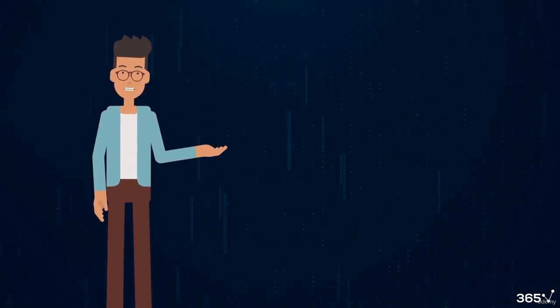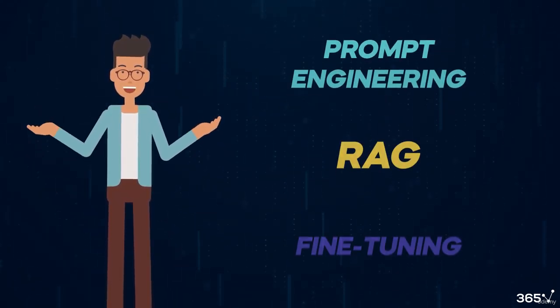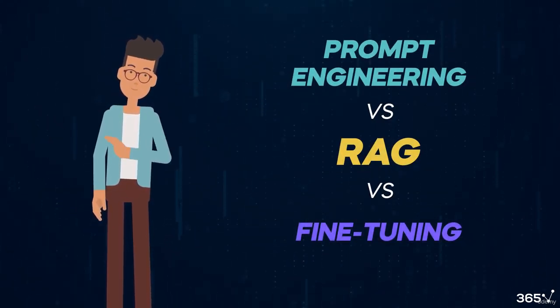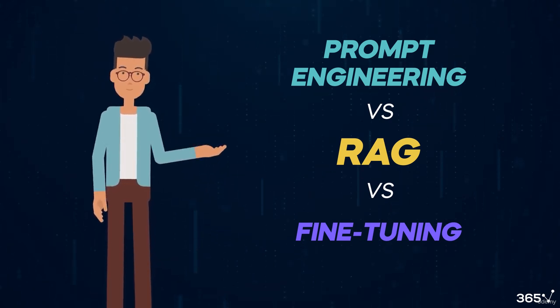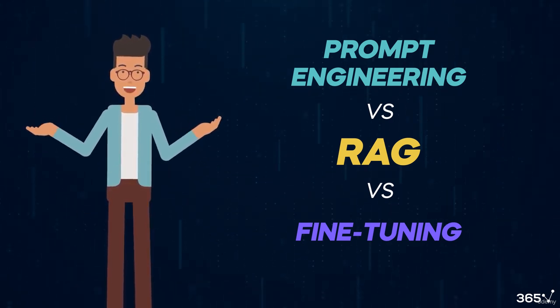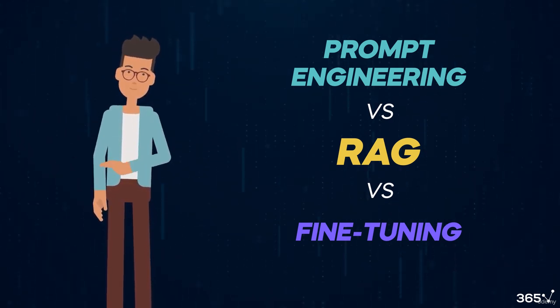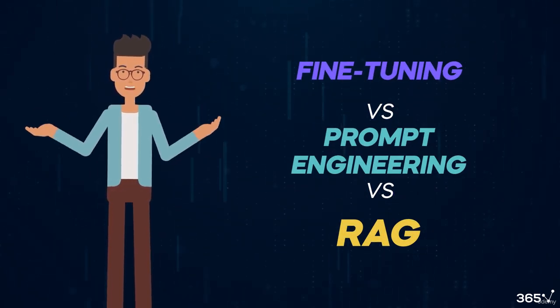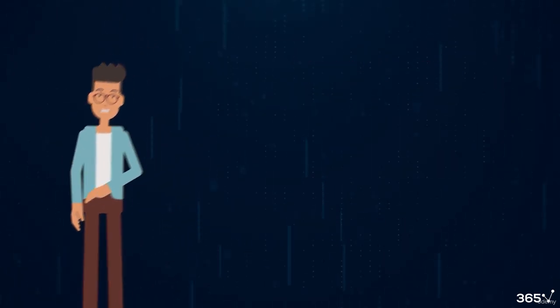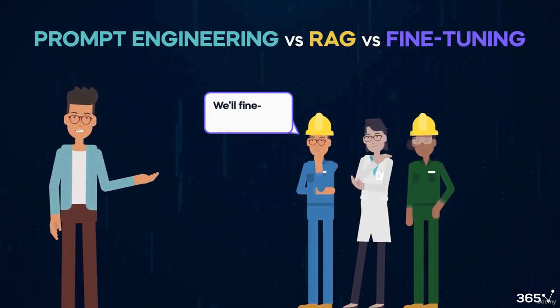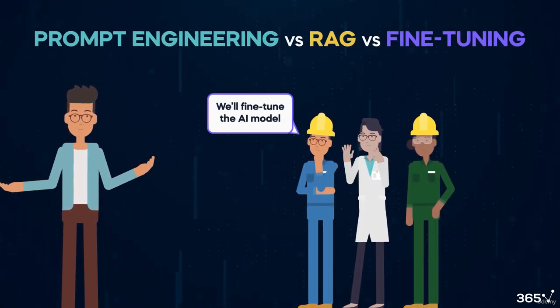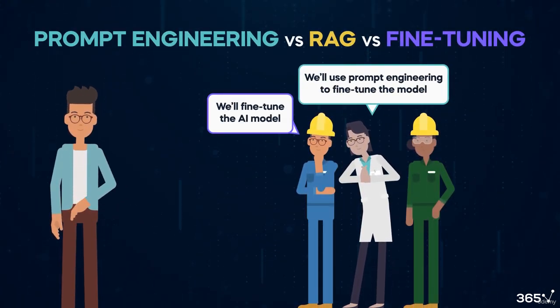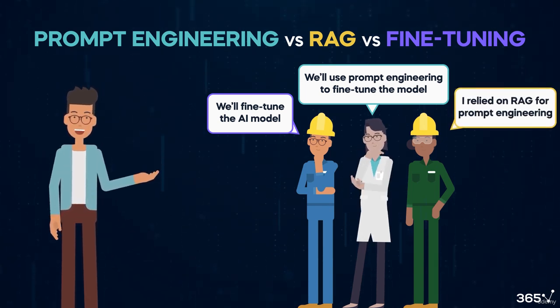Right. I want to summarize 3 crucial Gen AI concepts in this lesson. Clarifying these terms with an easy-to-understand example is helpful because people often use them interchangeably, even though they describe different activities. You might often hear, "We'll fine-tune the model," or "We'll use prompt engineering to improve the model's performance."